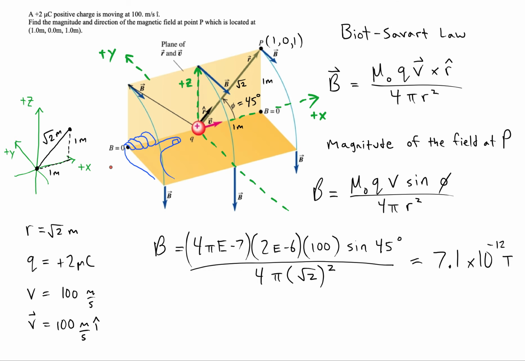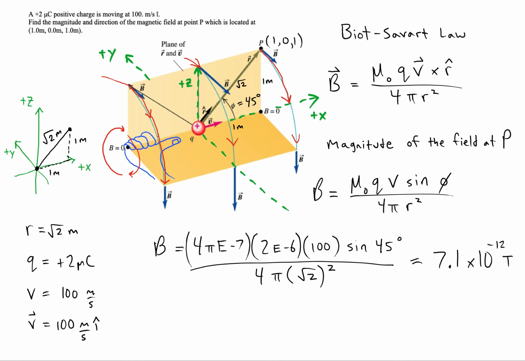The type of magnetic field lines we're getting here will be circles that look like this. Some of these are already drawn for us. And no matter where you are, if you think about this like a current carrying wire, the field lines will continue to be concentric circles.